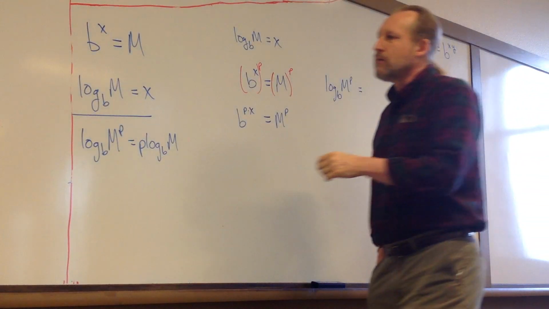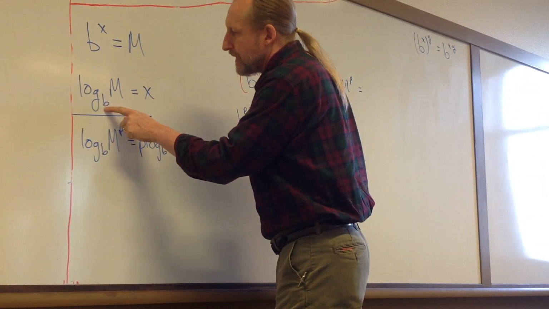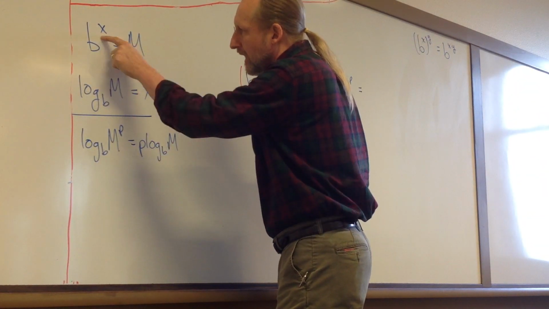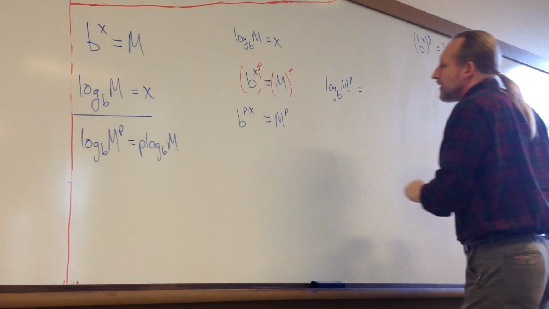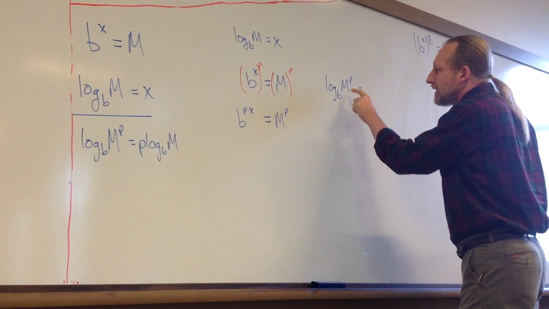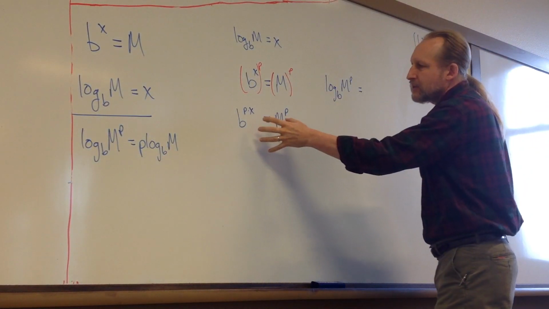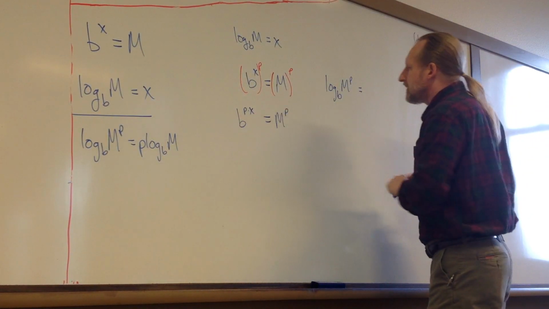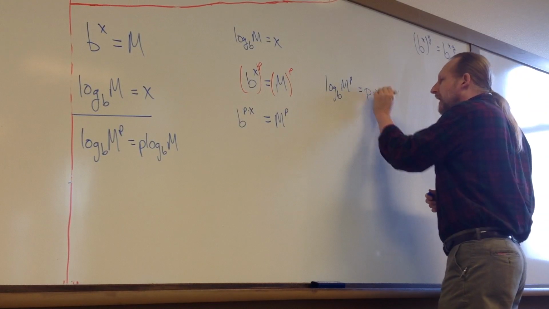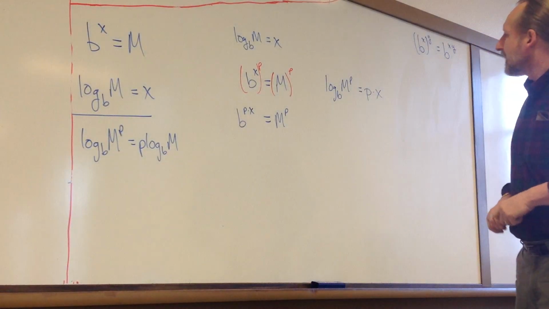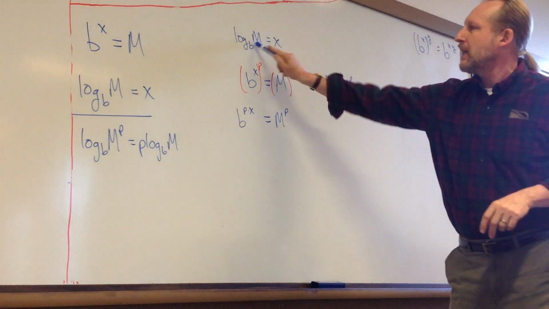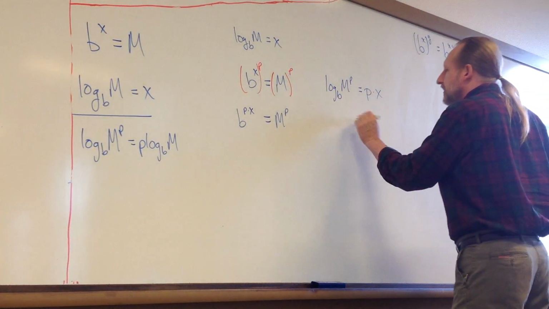Over here, the power that we raise b to get m is x. And so this is asking, what power do we raise b to get m to the p? Here it is right here: raise b to the p times x power to get m to the p. Now go back and look at what x was: log to the base b of m.